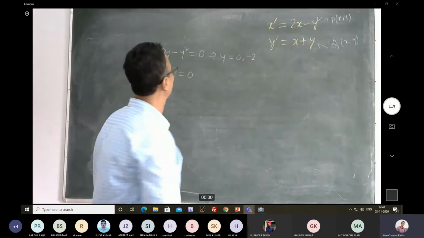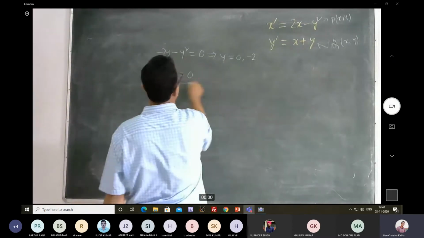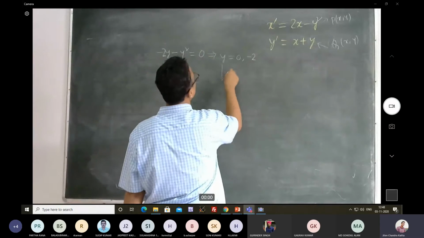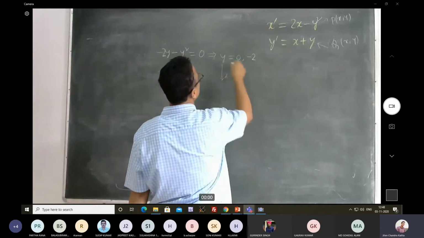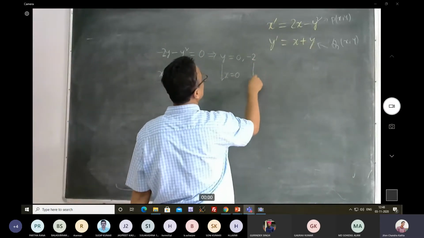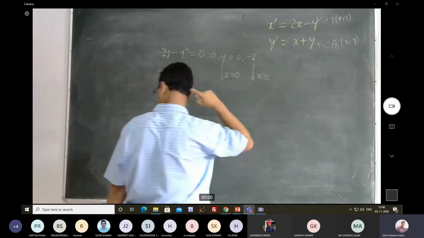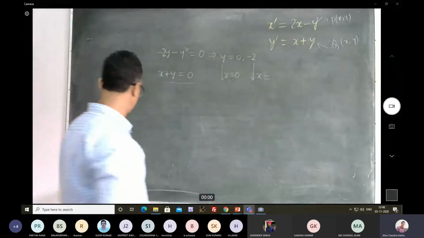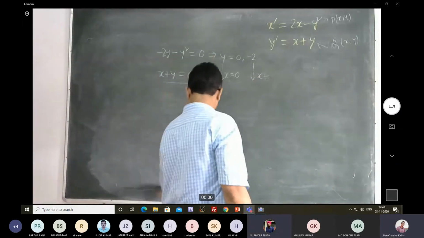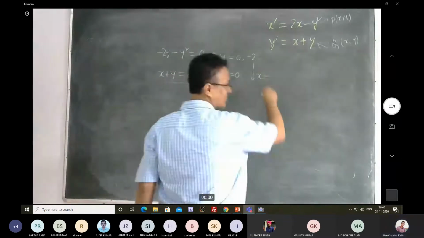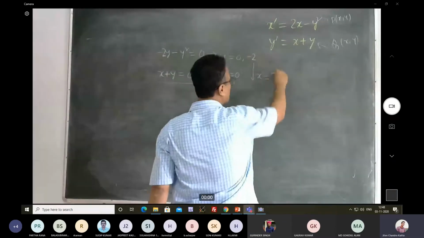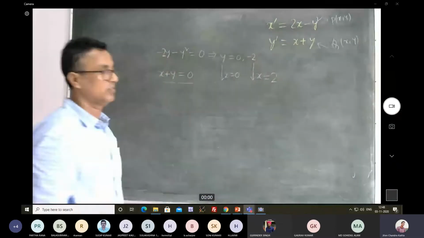So from the second equation, if y equal to 0, x equal to 0. If y equal to minus 2, x equal to 2, since x plus y equal to 0.